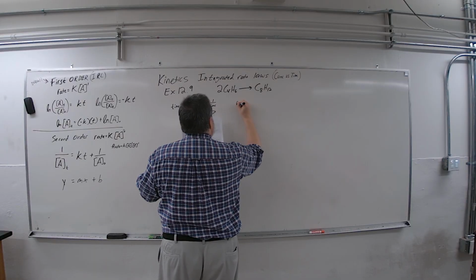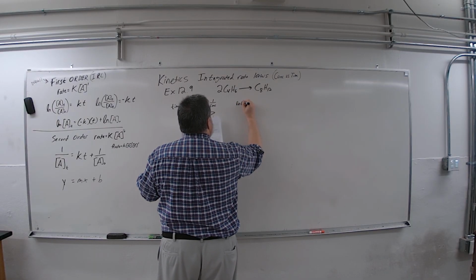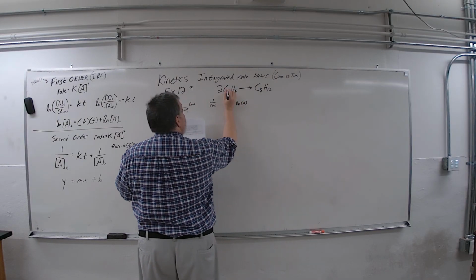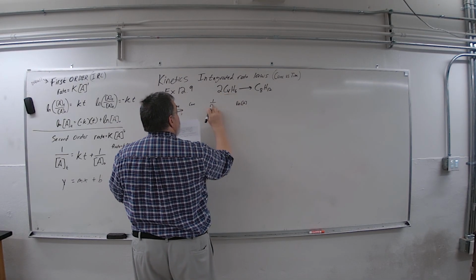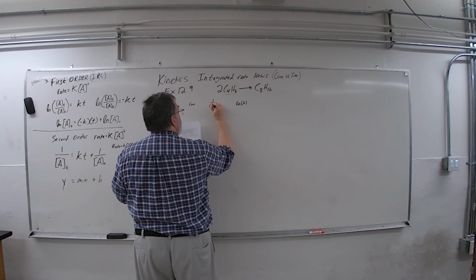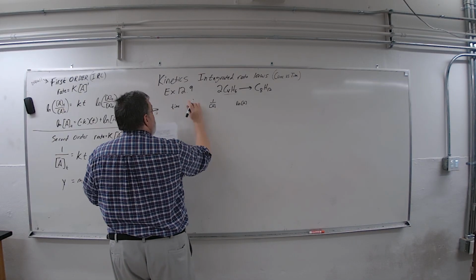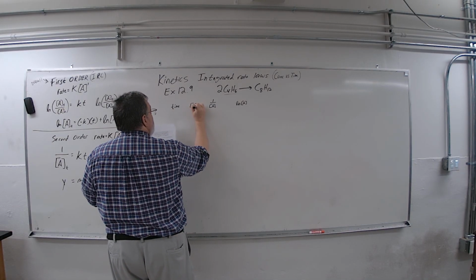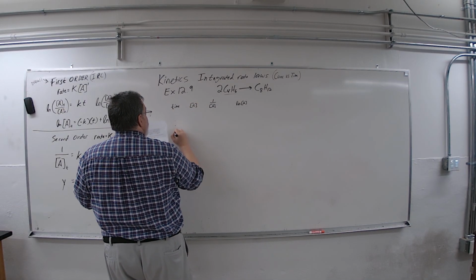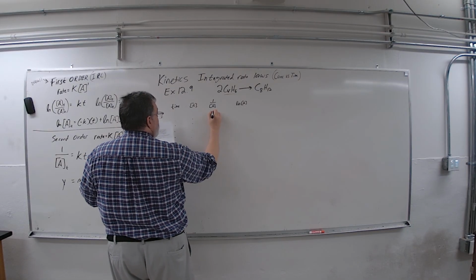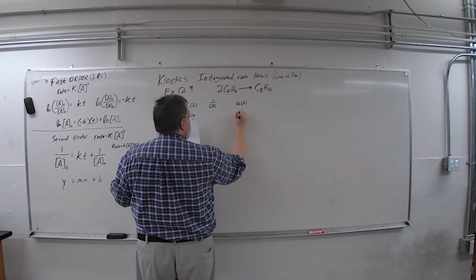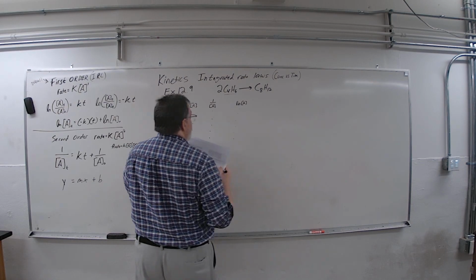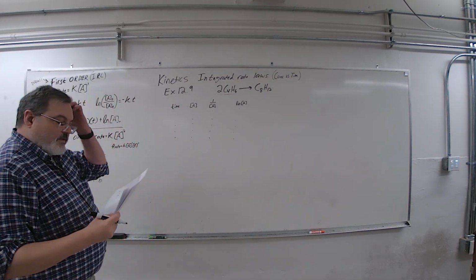I'm going to say concentration A. This is A. And then they give you the data for each one of these. And then say, okay, use that data to decide whether this is first order.